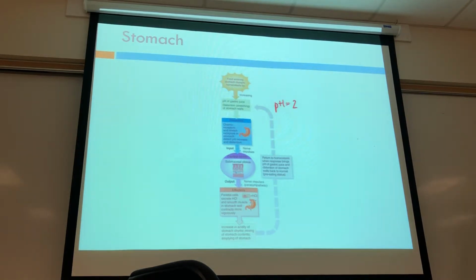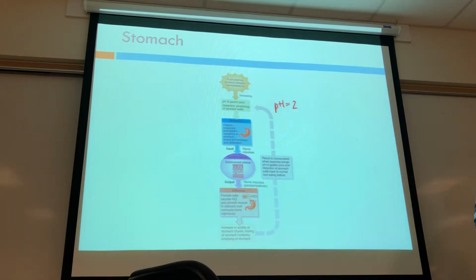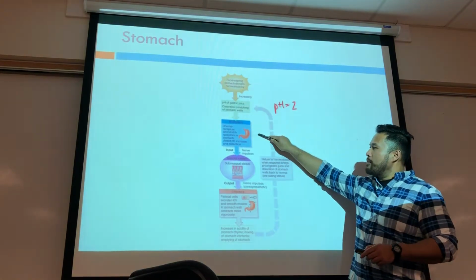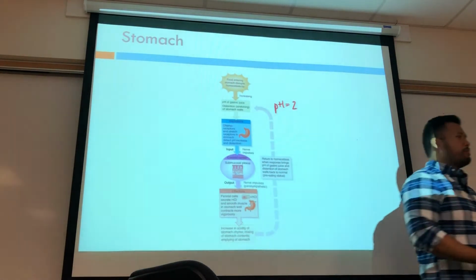There are two things happening from a mechanical standpoint as well as a physical standpoint. The physical standpoint is that the stomach expands, and there are stretch receptors receiving the stretch of the stomach, and that's all going to feed back into the submucosal plexus.